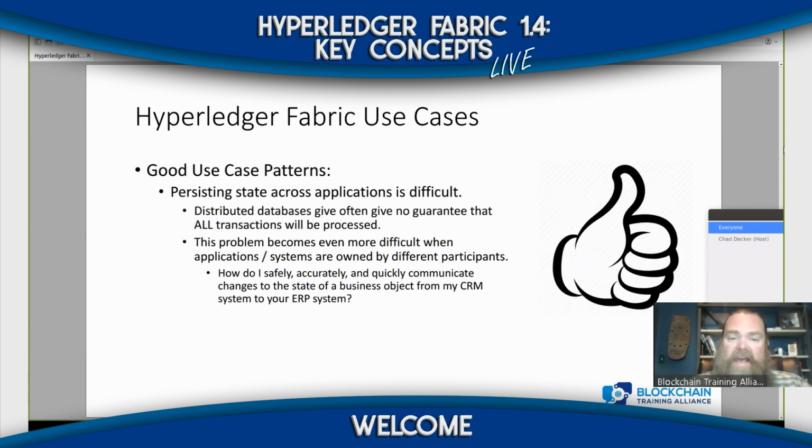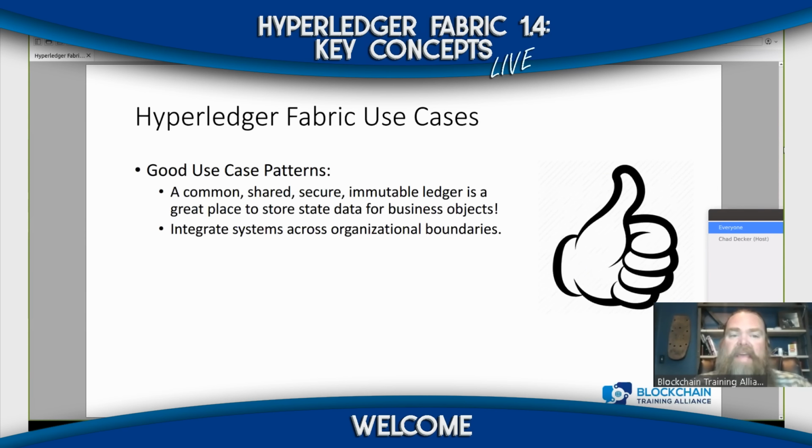So if I've got a safe, shared, secure, immutable ledger that I can draw up my own permissioning on, create my own access rules on, and I can audit access to that ledger, well, this is a great place to start putting some of that state data that I want to pass between applications.